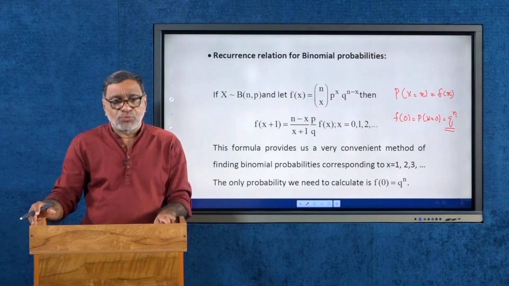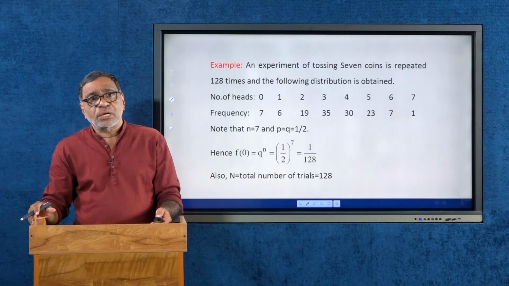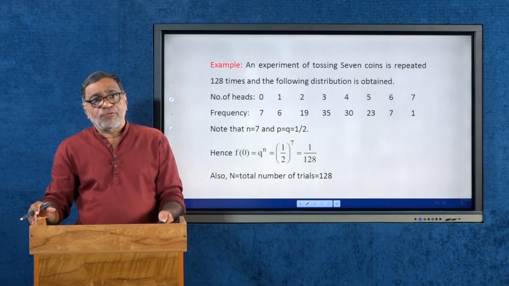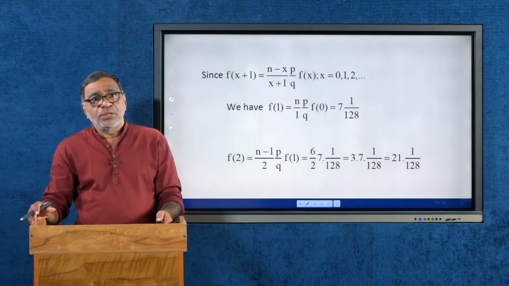The derivation of this formula is very simple, just consider the value of f of x and f of x plus 1.